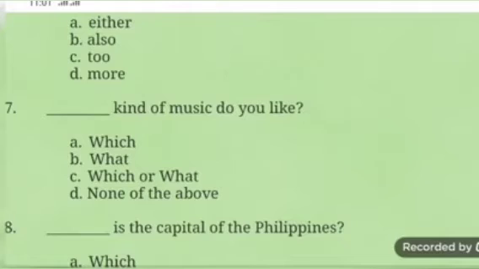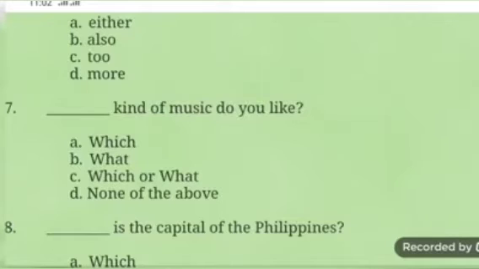Next one, blank kind of music do you like? Okay, so remember the usage of which and what. Now, if you are going to use which, it must be a few number of items.